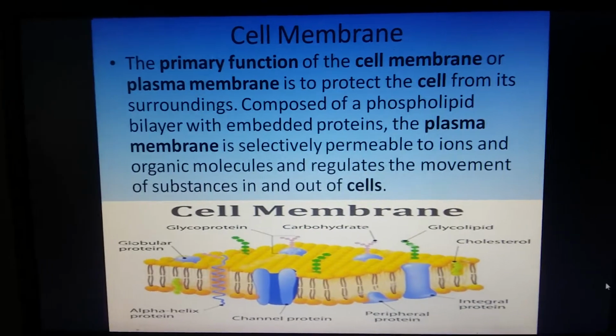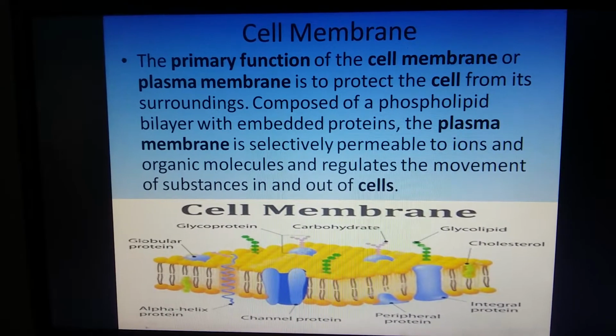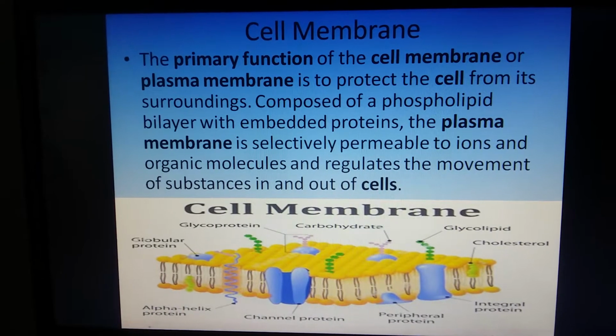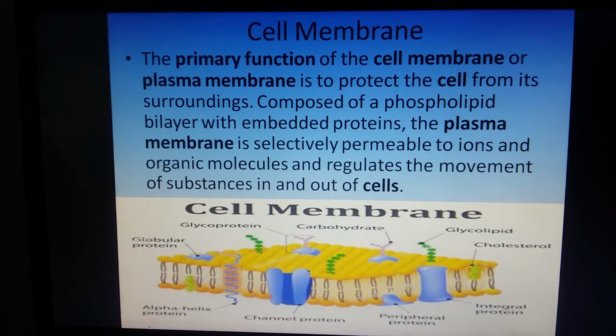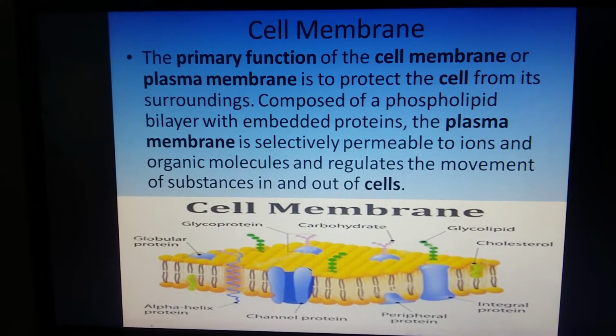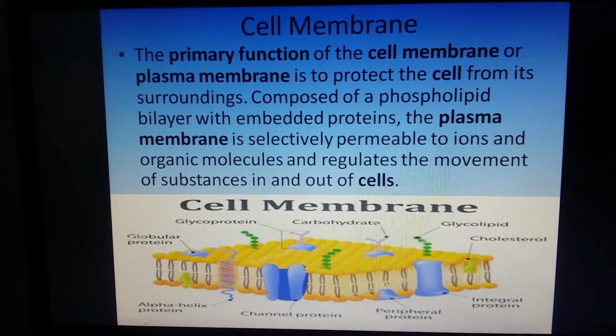The plasma membrane is selectively permeable to ions and organic molecules and regulates the movement of substances in and out of the cell. So only a few ions and organic molecules are permitted to move across this membrane. Therefore, this is a selectively permeable membrane.